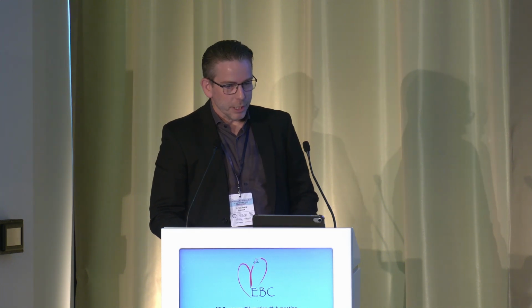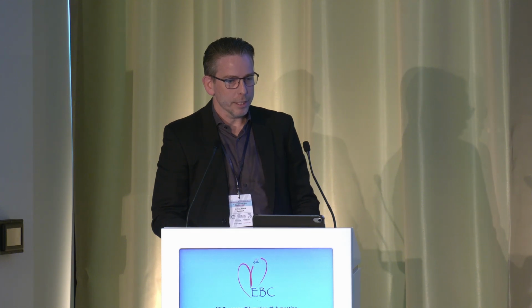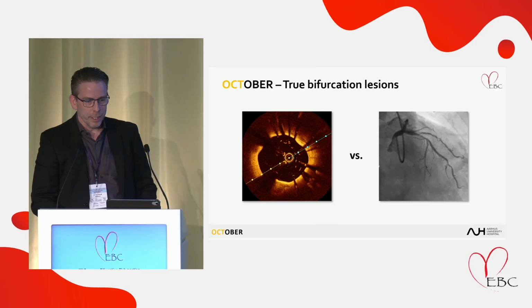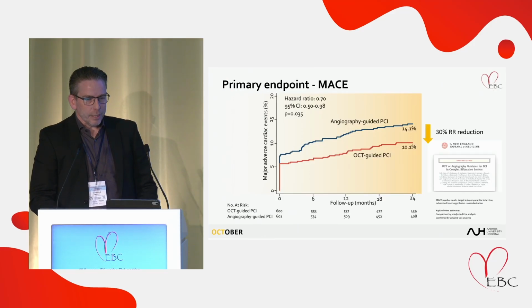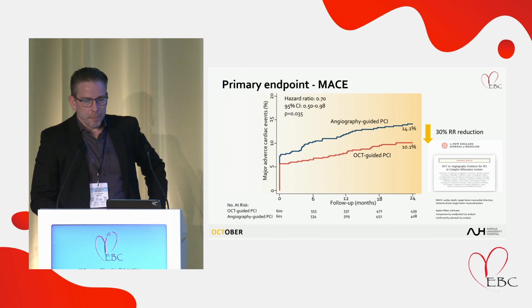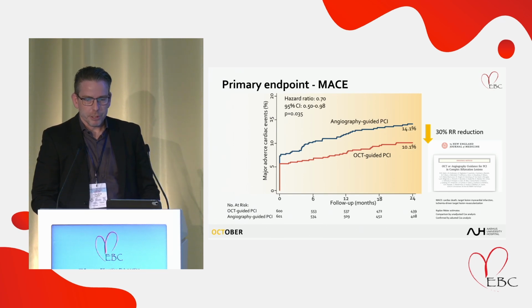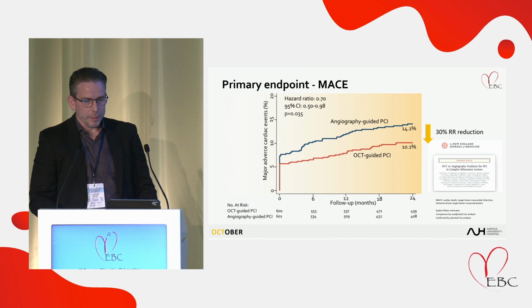So the OCTOBER trial was a randomized comparison of imaging-guided PCI versus angiographic-guided PCI in true bifurcation lesions. We had a primary outcome showing a 30% risk reduction with OCT-guided PCI compared to angiographic-guided PCI after 2 years.